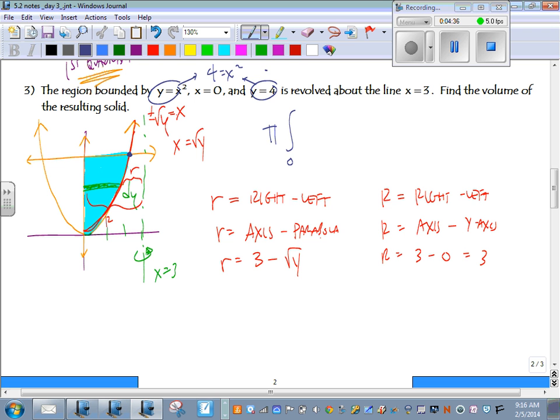So x could be positive or negative 2. Well, obviously this one's going to be positive 2. So our biggest x value is 2. Big radius is 3, so we have 3 squared minus little radius, 3 minus square root of y, squared dy.